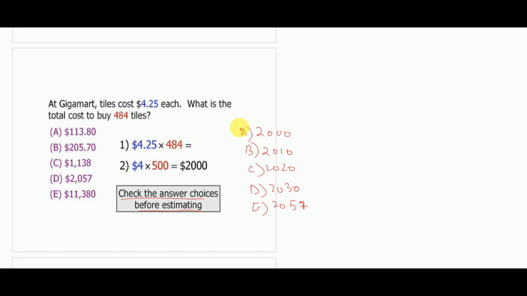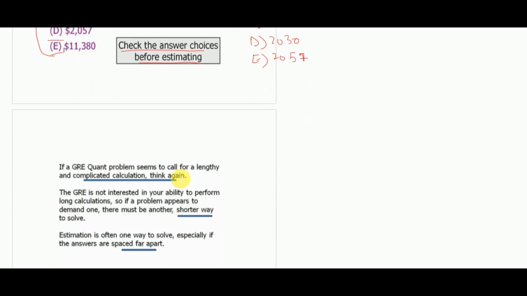So here I wouldn't be as comfortable with my estimations as I am with these options. In most cases you will get options that are significantly different from each other. But to be on the safe side, you should always look at the options first and see, before estimation, whether the gap between all the options is significant enough for estimation. All right, let's move on.